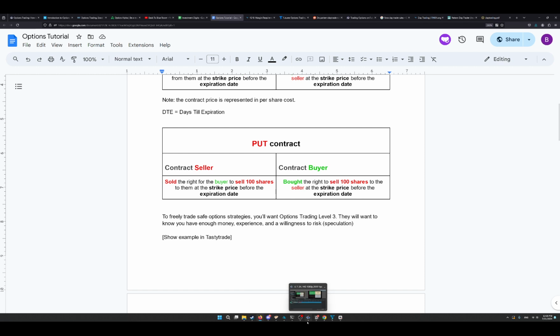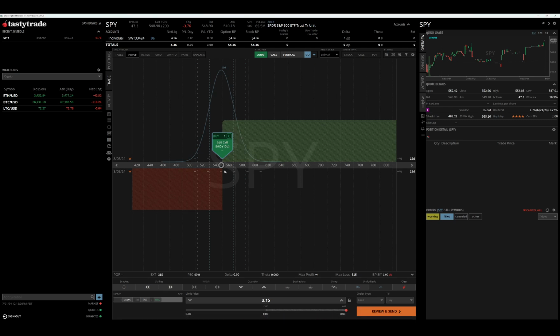Something to also note is that a lot of times the purpose behind this is, say the seller of the call contract had bought their shares at 540, and they sell the contract out of the money to the buyer for a little premium, and then the value of the stock goes up to say 580, like we said before in the hypothetical.